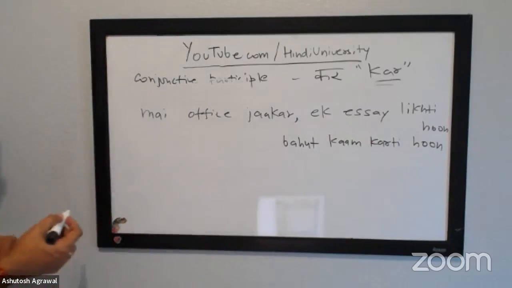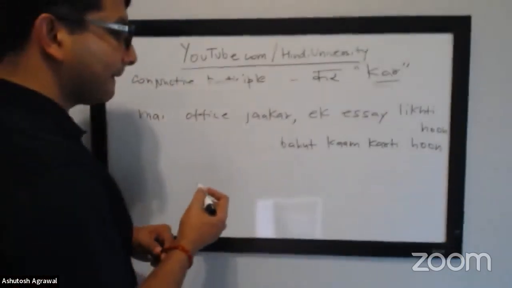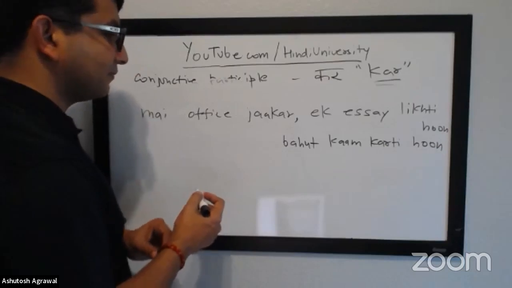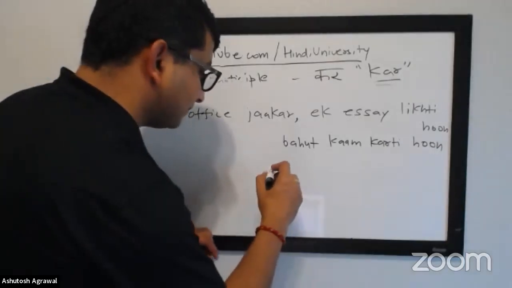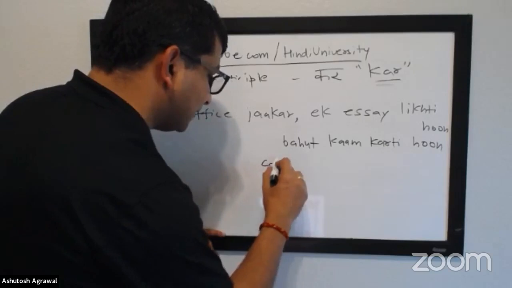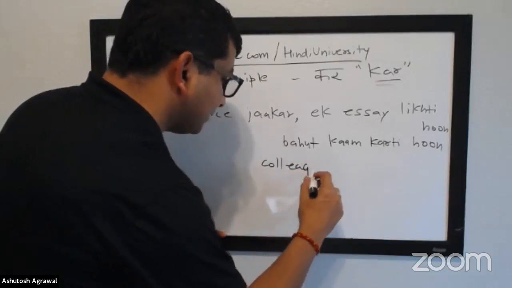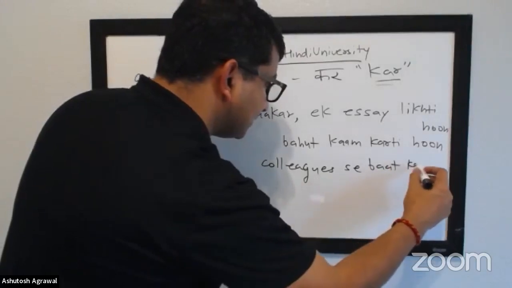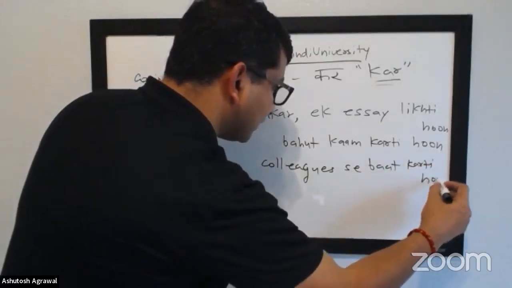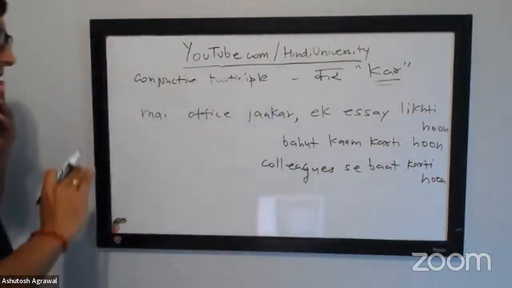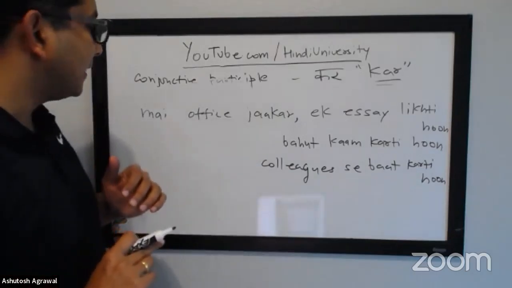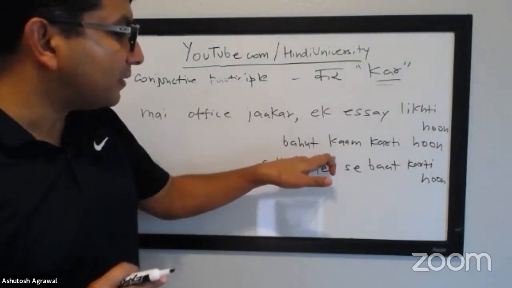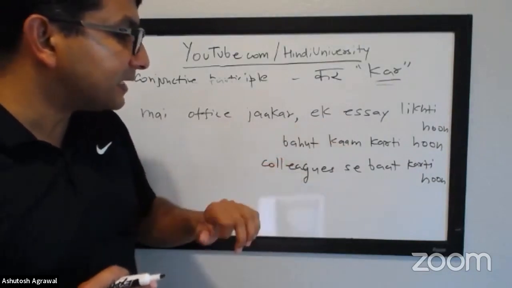What else do you do after going to office? मैं अपने colleagues से बात करती हूँ. Very good. So मैं अपने colleague से बात करती हूँ. You see that, this is as it is. Awesome. मैं ऑफिस जाकर एक निबंध लिखती हूँ, मैं बहुत काम करती हूँ, कॉलीग से बात करती हूँ.